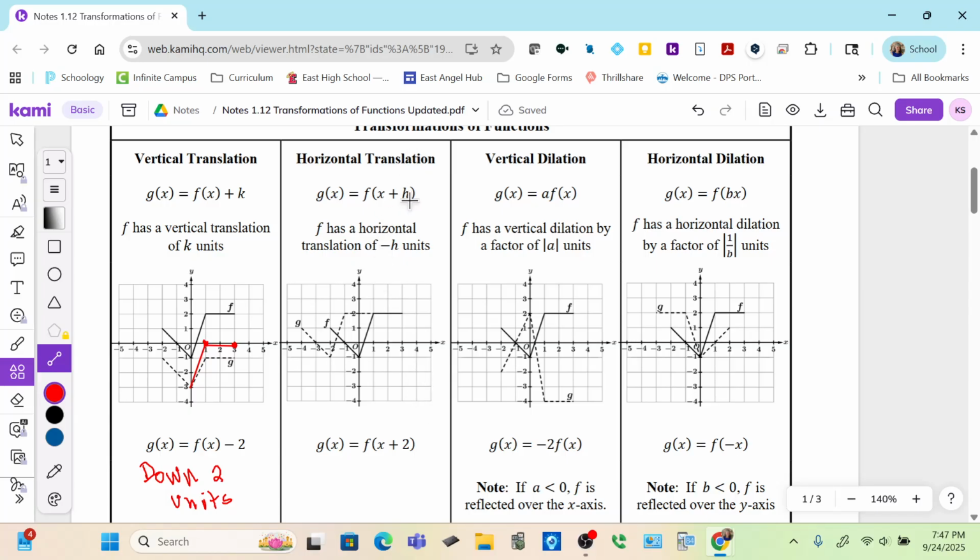Horizontal translations are when we affect the value of the input. Now, notice that this is in parentheses. We describe the horizontal translation as being the opposite of h units. Now, I've had students in the past ask me, why do we use the opposite? Well, when you think about parent functions and how they're usually defined, they have a point at the origin, at 0, 0.